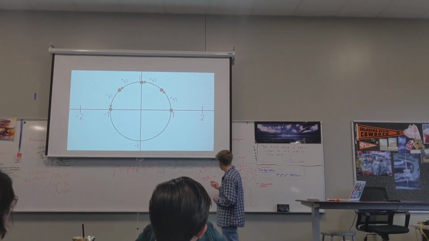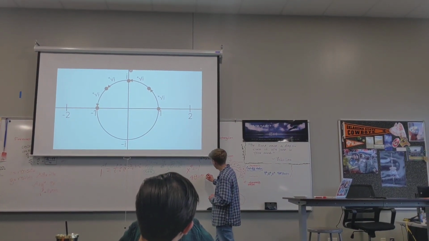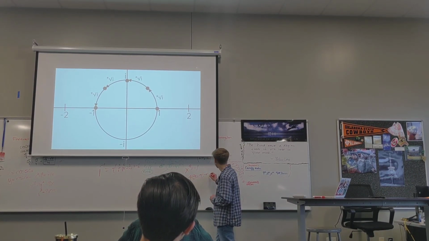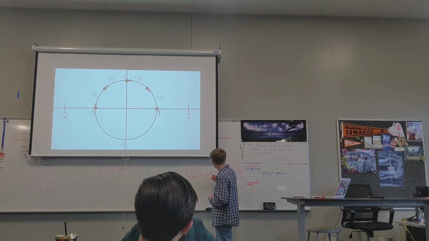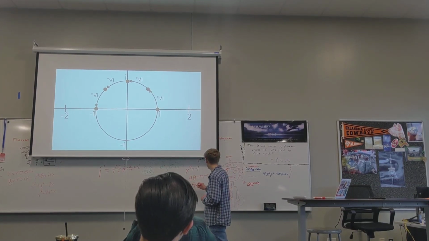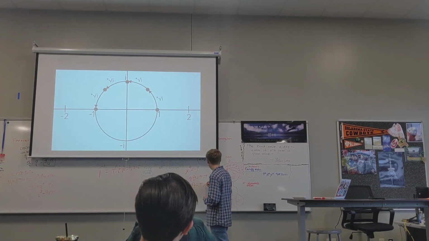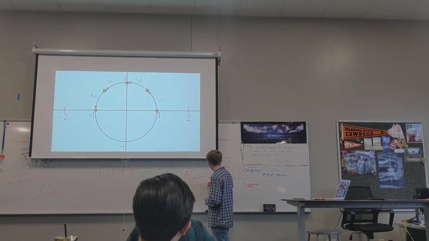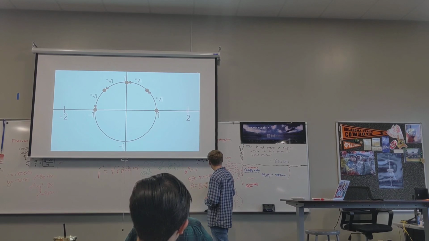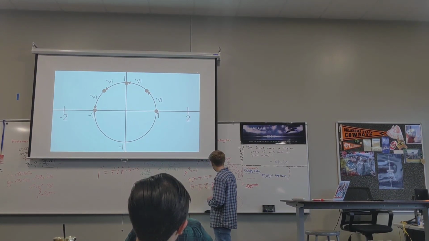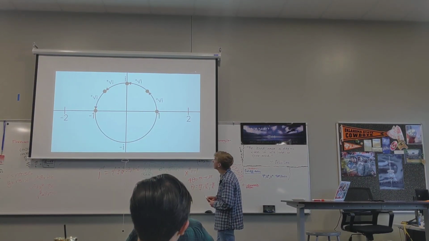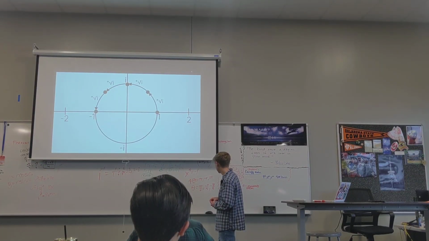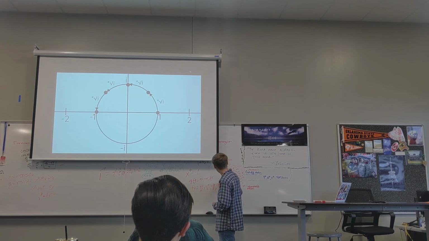And so this could be pi, or it could be negative pi, because that's the same thing, and also 3 pi. Then we divide by 4, we get pi over 4, negative pi over 4, negative 3 pi over 4, and there's one more. Negative 5 pi over 4.